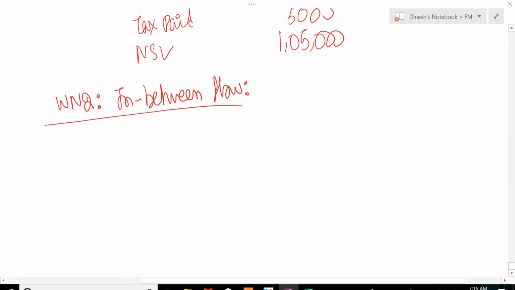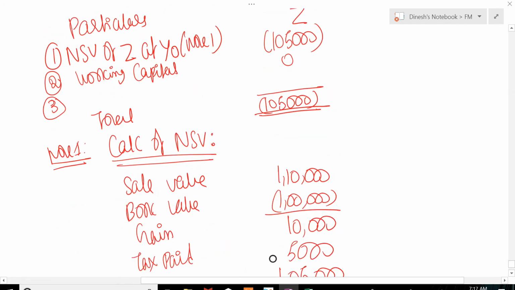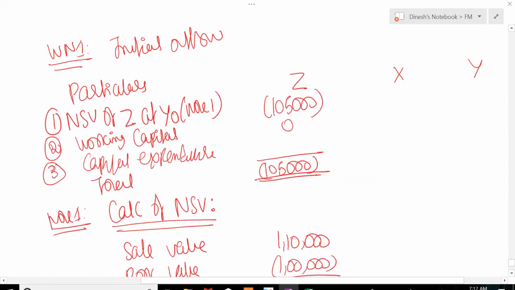1,80,000. The only thing is, in your working note I told you to leave a line gap. Call it capital expenditure. That is capital expenditure, and against that you will write 1,80,000, for machine X. No concept of NSV, no working capital.